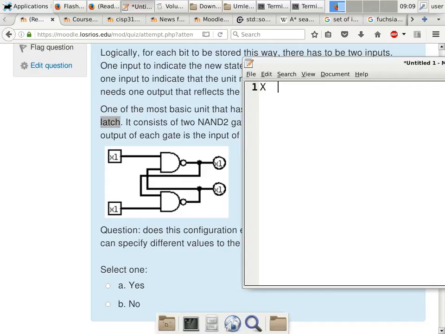It has 2 inputs. We'll just call the inputs X and Y. Let's start with AND first, and then we will deal with the NAND, which is the negated AND. As usual, we have 0, 0, 1, 1 for one of the inputs, and 0, 1, 0, 1 for the other input.